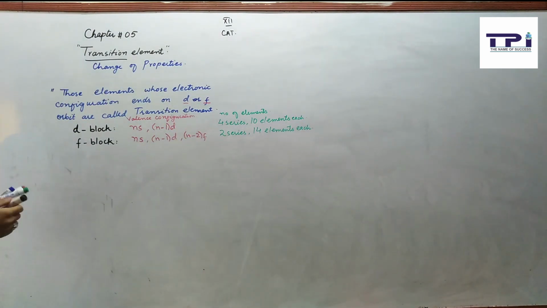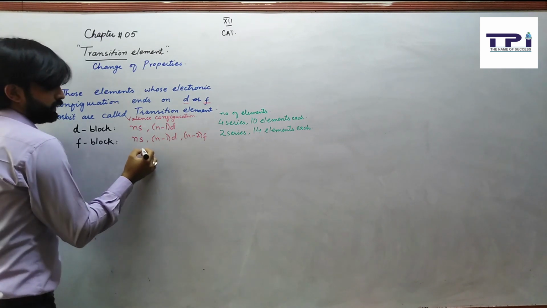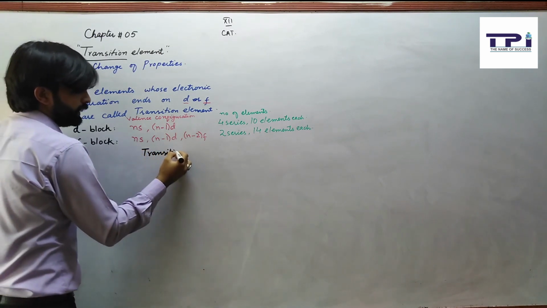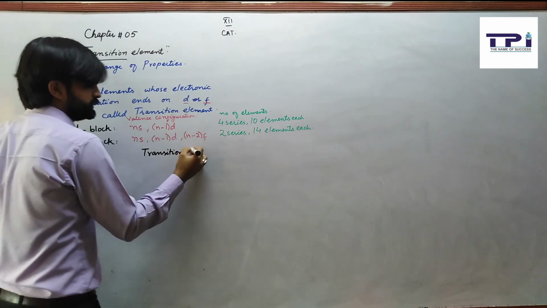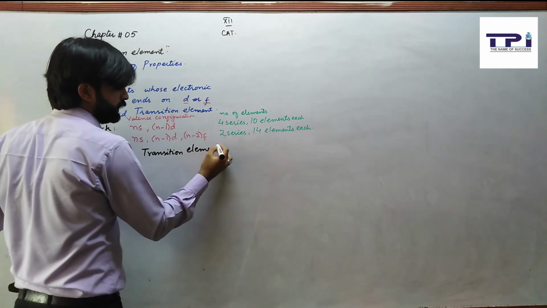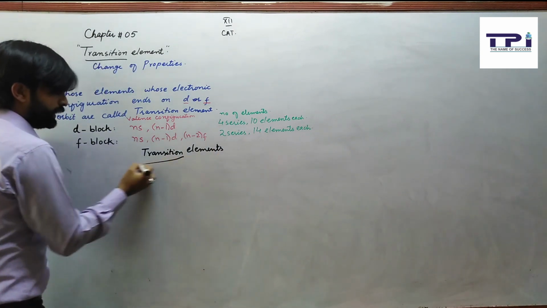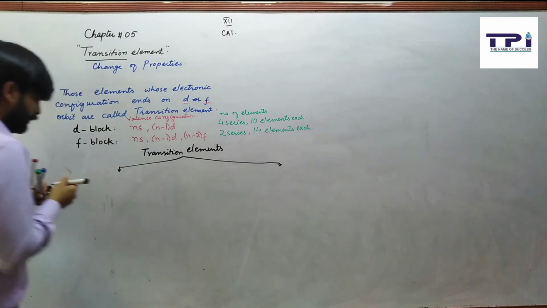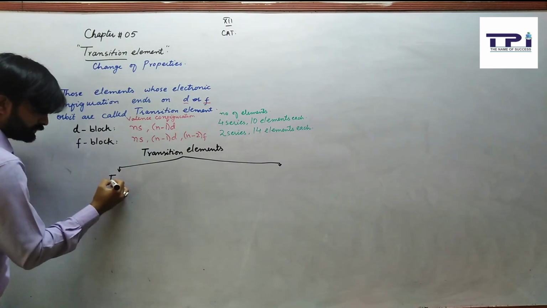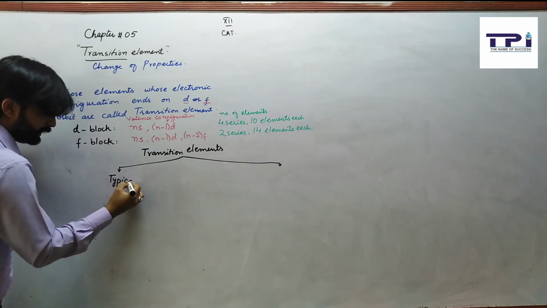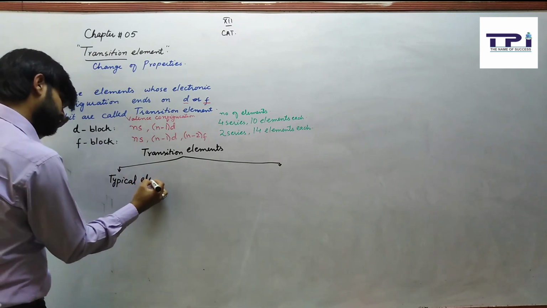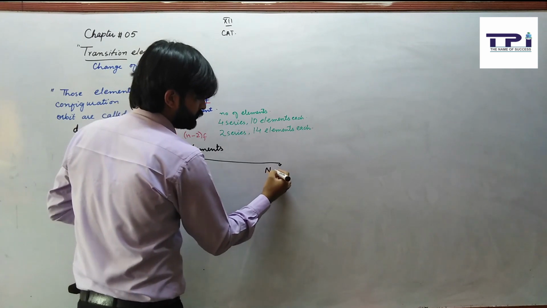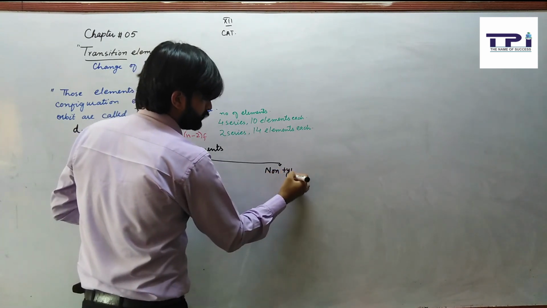The elements of transition can be categorized into two main types. One of them is known as typical elements and the second one non-typical.